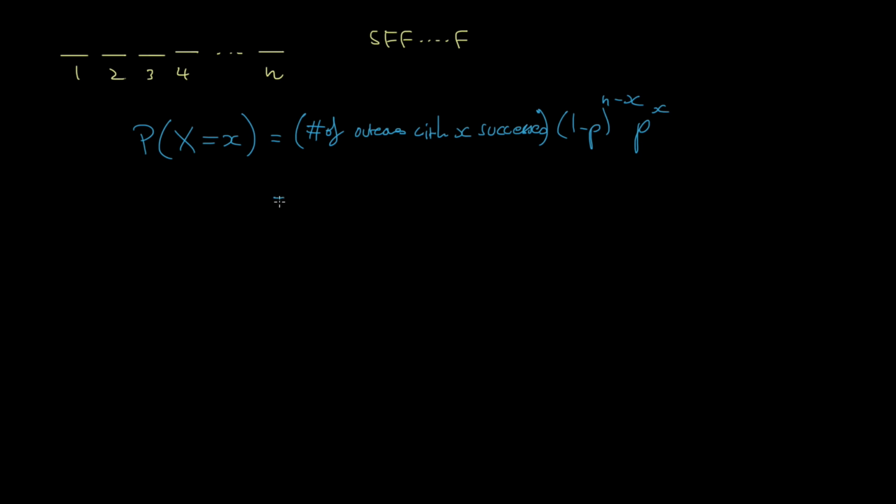And to write this in the notation we've just learned, well, the number of outcomes with x successes is basically saying how many ways can I choose x successes out of n possible trials. And that's going to be n choose x, times 1 minus p to the n minus x times p to the x.